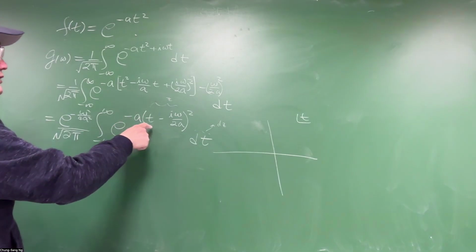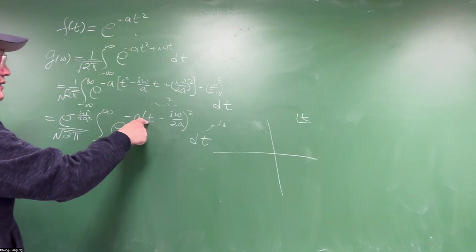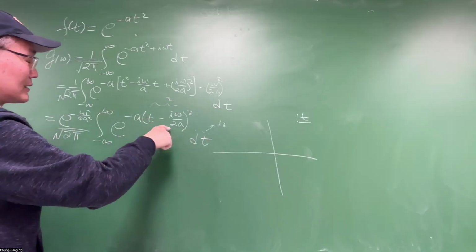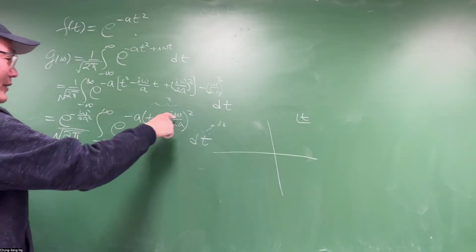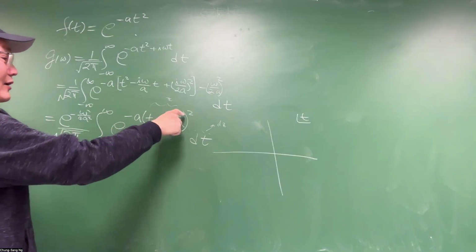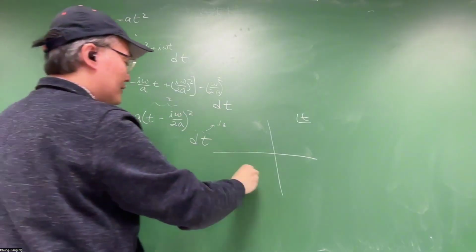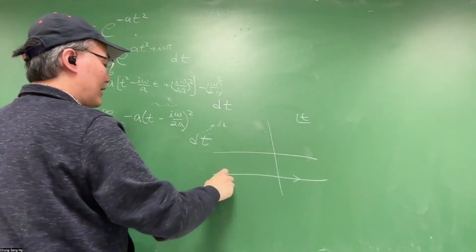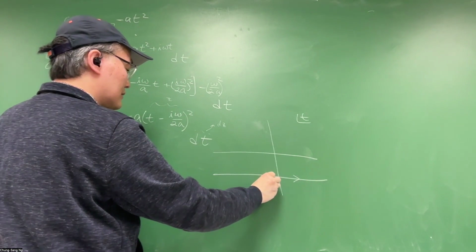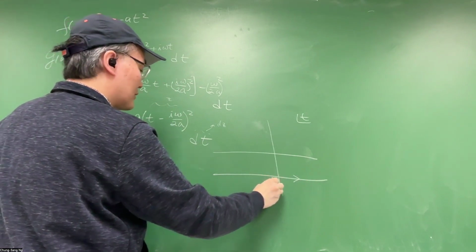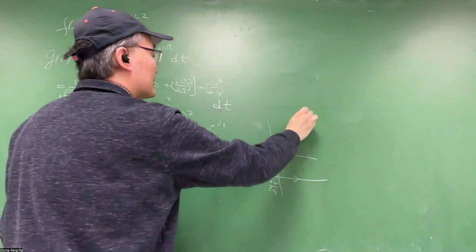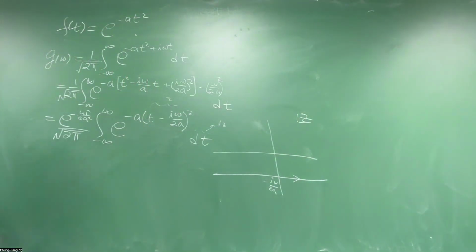But now this integration is along a path. t is originally real, but then you subtract, you have a negative imaginary part, minus i omega over 2a. So you're actually going along the line with an imaginary part minus i omega over 2a. This is now changed to a z-plane. C is defined as this variable.